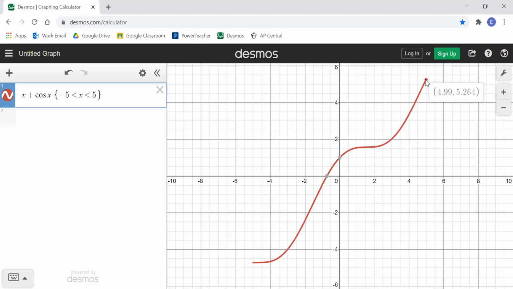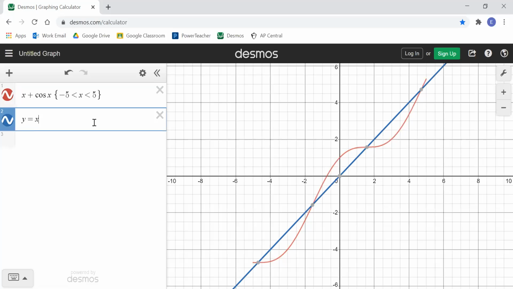It's about a slope, 5.264 and 4. It's almost a slope of, in fact, it must be. No, it's not. Darn. Well, close. Let's see here. Let's make that.